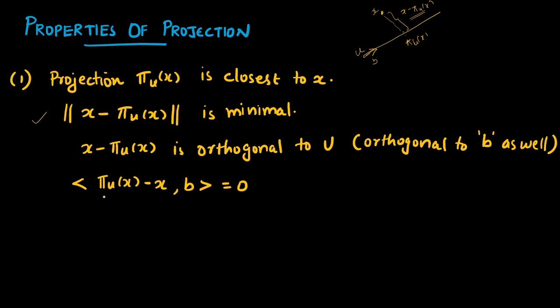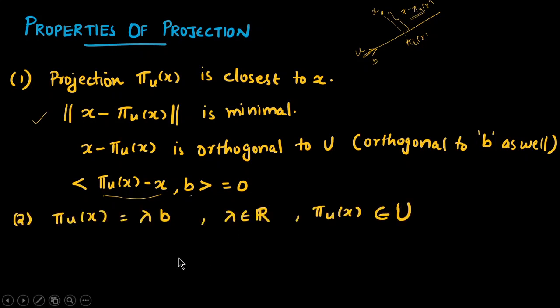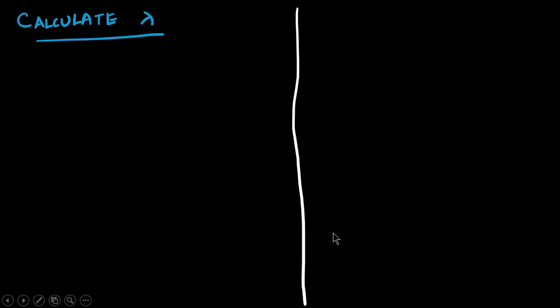Okay, so this is our vector, and its inner product with the base vector will be 0 since they are orthogonal. Then pi u of x can be represented as a scalar, a scaled value of the base, lambda times b. Lambda is a real number, and pi belongs to this subspace u.